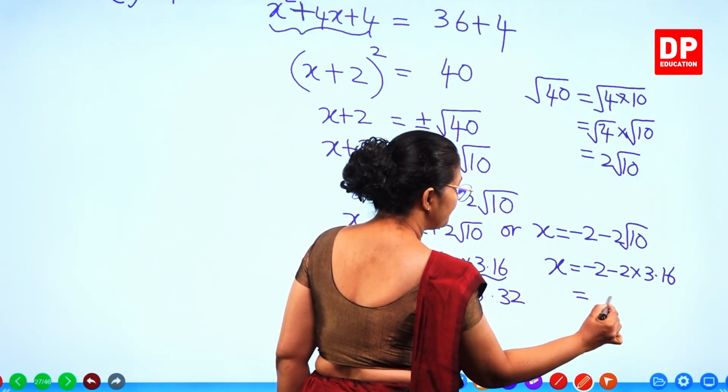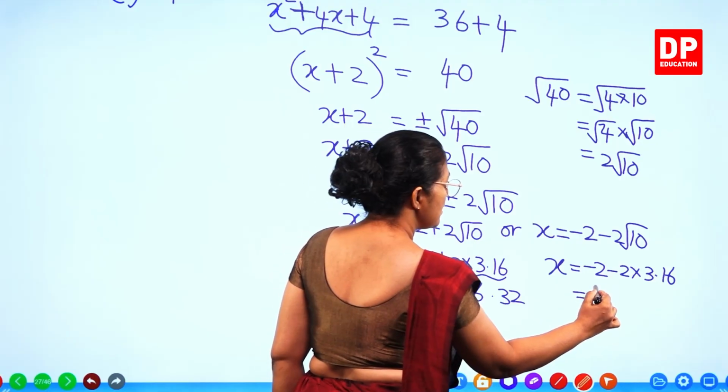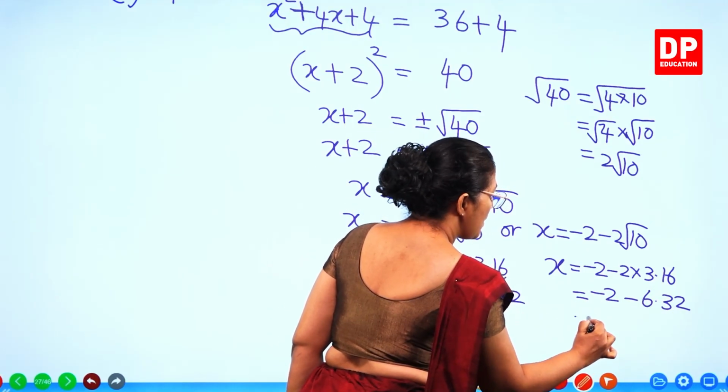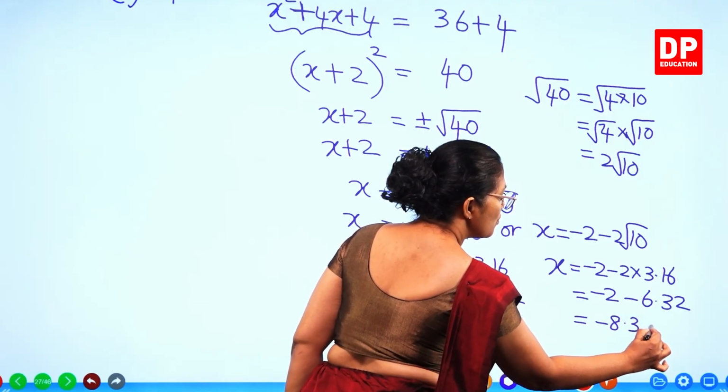Or you get minus 2 minus 6.32, that means minus 8.32.